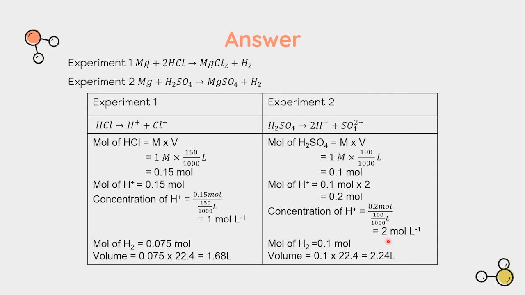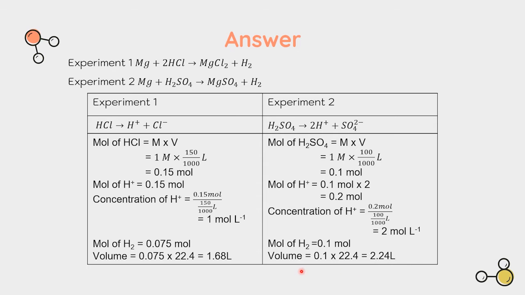per liter, and then we look back on the overall rate of reaction, where 1 mole of sulfuric acid produces 1 mole of hydrogen gas, so that means the mole of hydrogen is also 0.1 mole. Then we calculate the volume for our graph, and we get 2.24 liters.